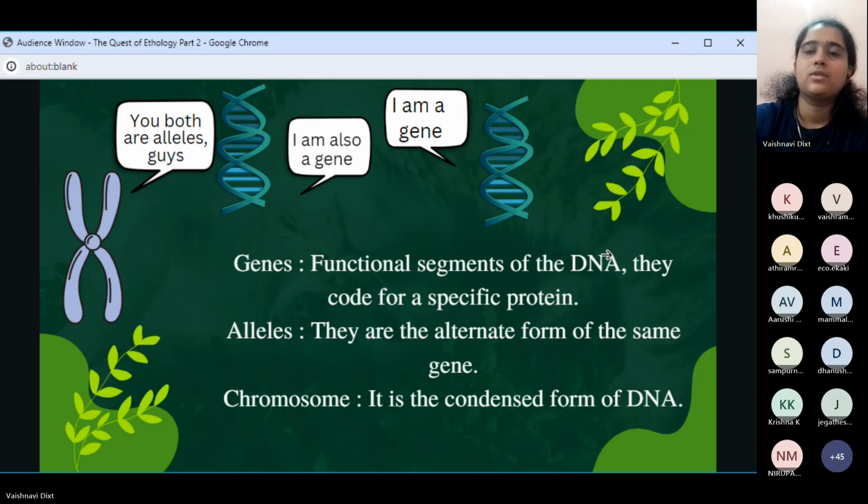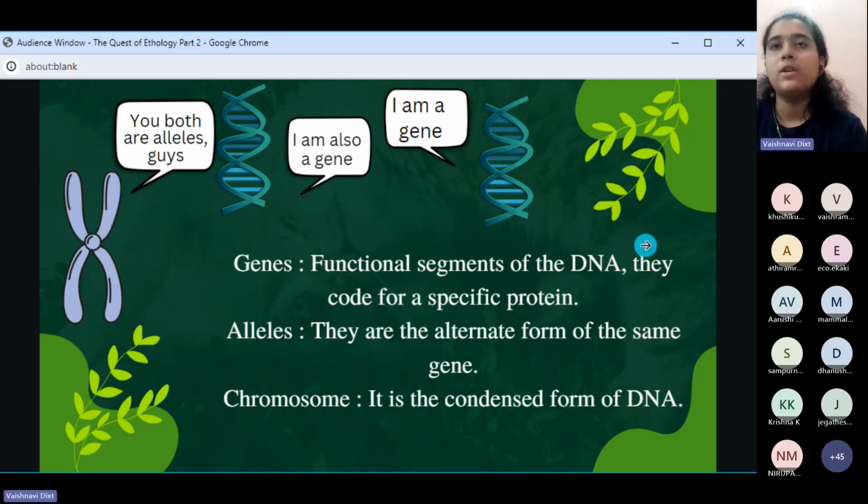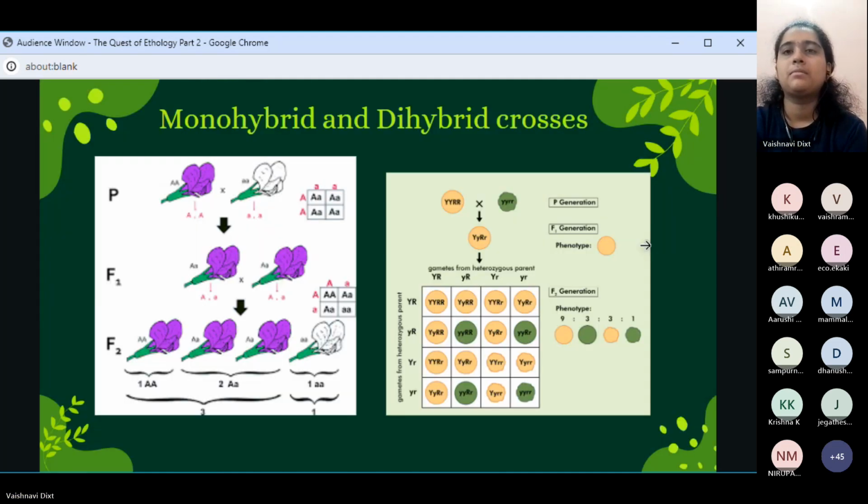Now let us know what Mendel did. He observed that the pea plant has either purple flowers or white flowers. This is a trait in the pea plant: it can have either purple or white colored flowers.